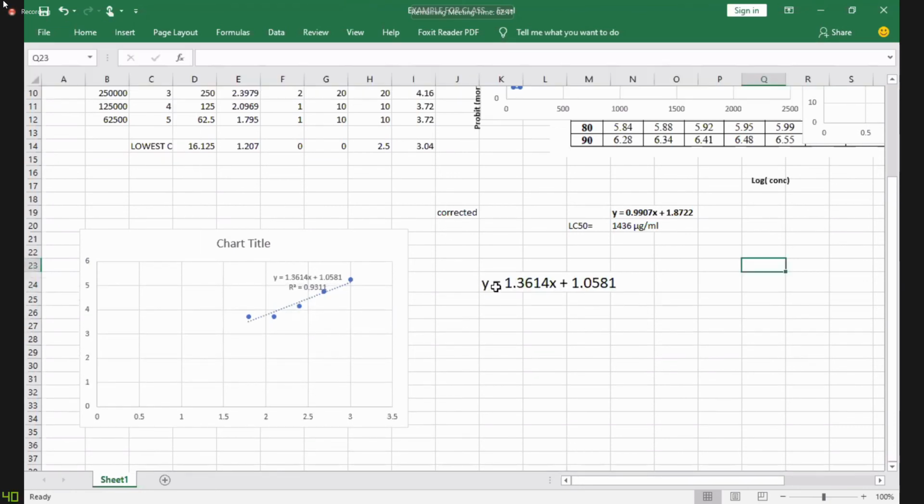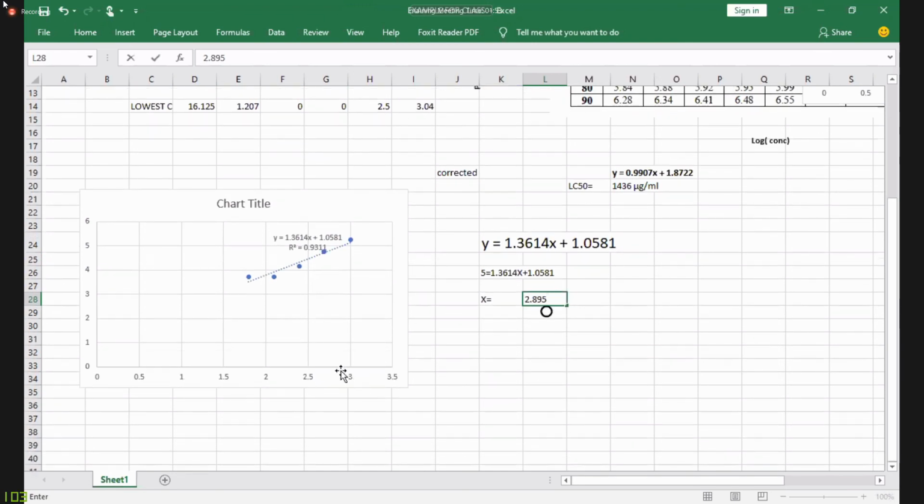Can you see? Y, we want the probit to be 5. 5 is equivalent to 50%. So 5 equals 1.3614x plus 1.0581. x is 5 minus 1.0581, divided by 1.3614. x is 2.895. Can you see where x is? Later we can label 2.895.